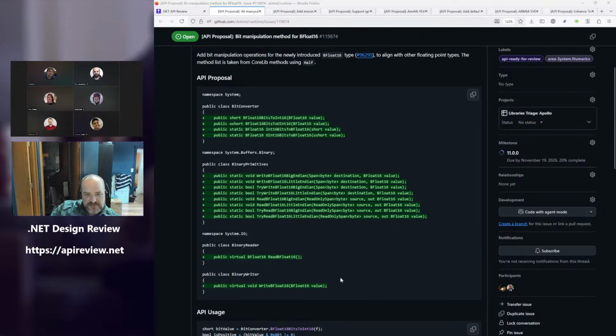I think the biggest thing that I don't like about it is that it's virtual. It's one of those things that really shouldn't be virtual, at least for something like this. It also looks like binary reader, we exposed half, but we didn't expose int 128 and uint 128 there.